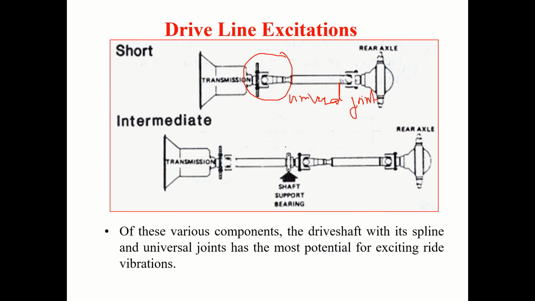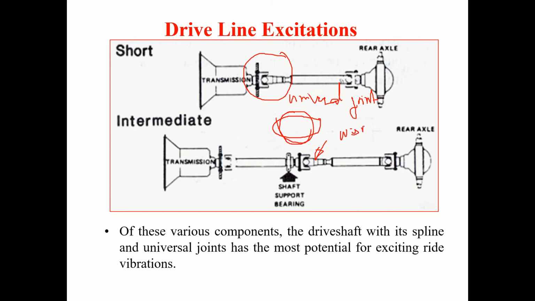So we are transmitting motion at an angle. The driving shaft will be tracing a circle, while the driven shaft will be tracing an ellipse like this. So here the angular velocity will not be uniform.